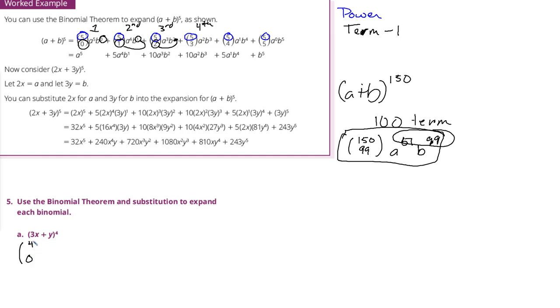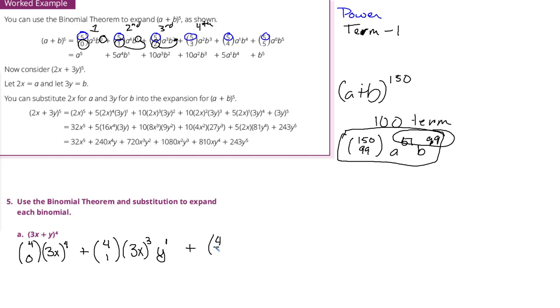So 4 combination 0. I'm going to take my 3x and I'm going to raise it to the 4th power. Then I'm going to get to my next term, 4 combination 1. Take my 3x, raise it to the 3rd power, but now my y has gotten to the power of 1.